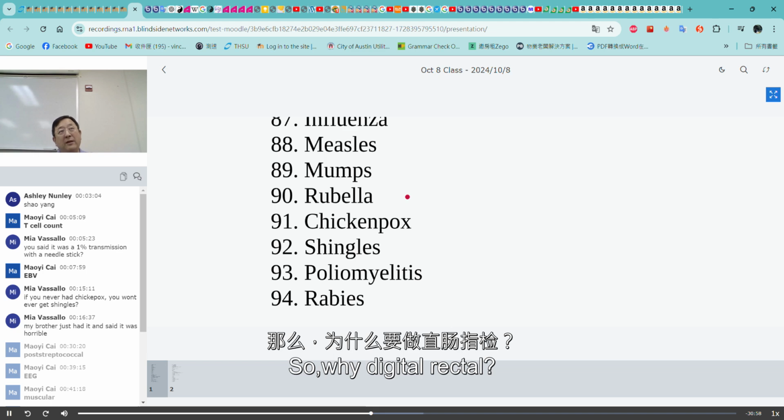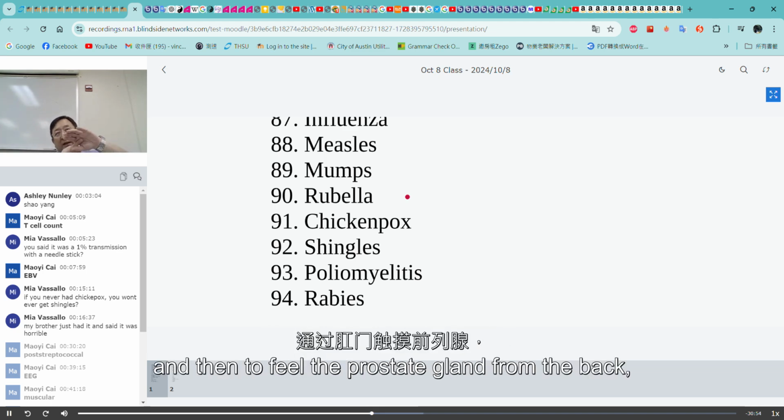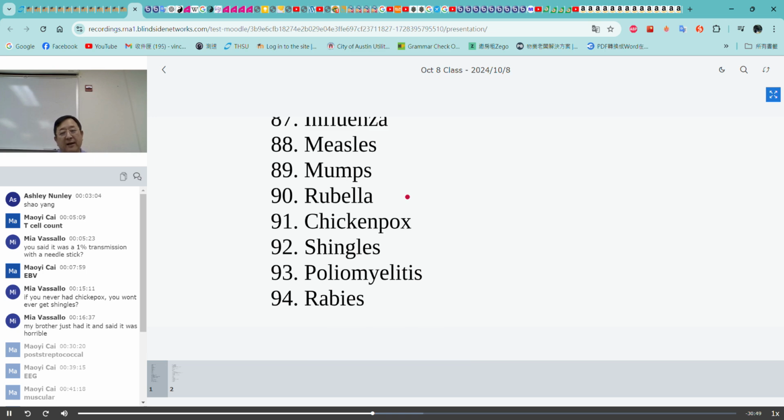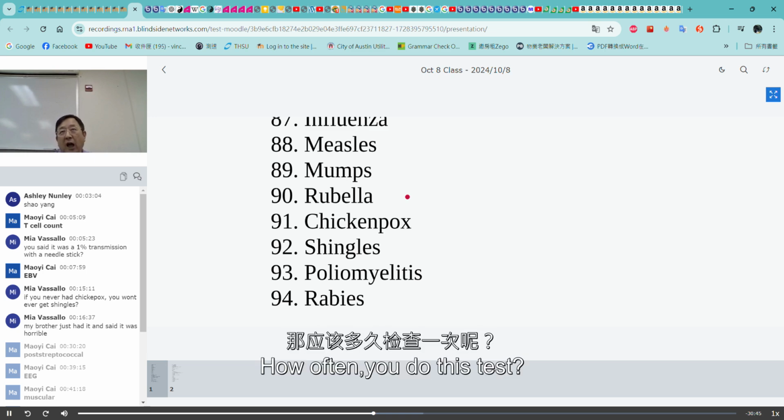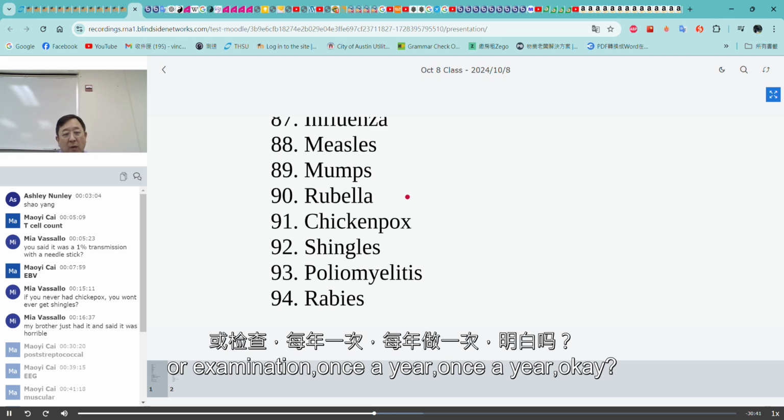So why digital rectal? You put a finger into the person's rectum and feel the prostate gland from the back. So this is screening, age 50. How often do you do this test or examination? Once a year, okay? You remember that.